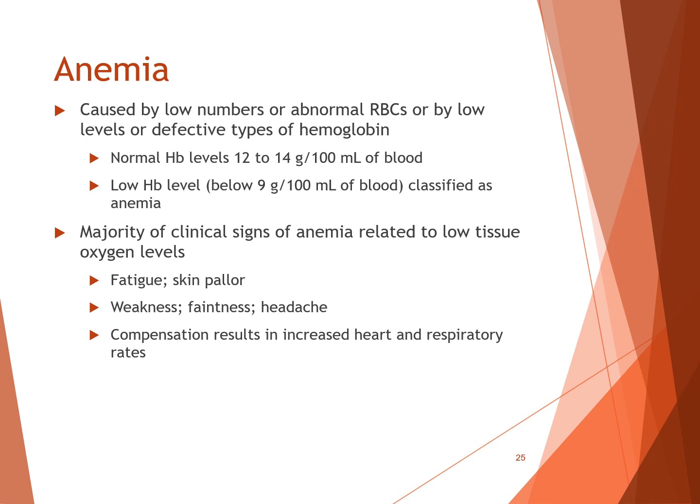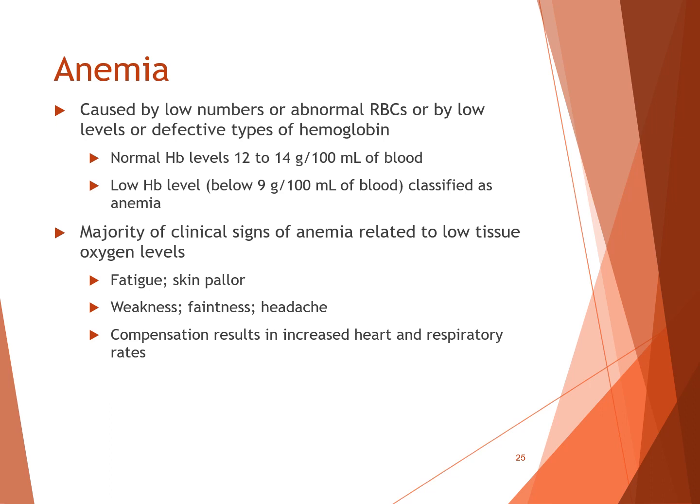If we can get blood pumped around faster, we can get what oxygen we have delivered to the tissues more quickly. Increased respiratory rate is going to increase the level of oxygen in the body. So these are some good examples of negative feedback mechanisms.